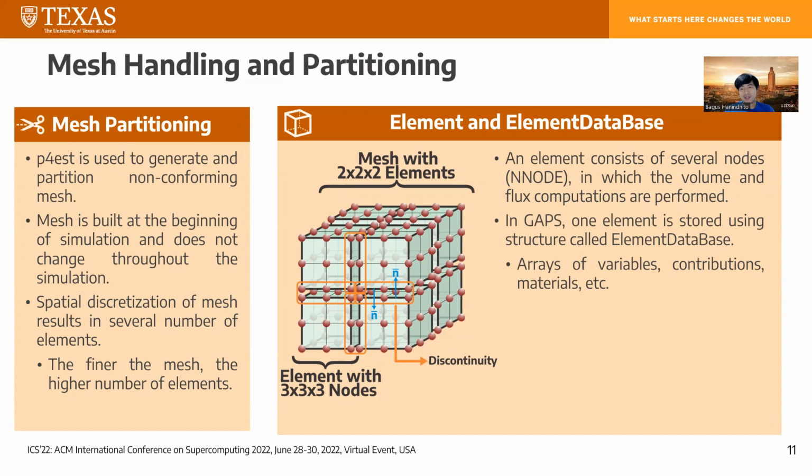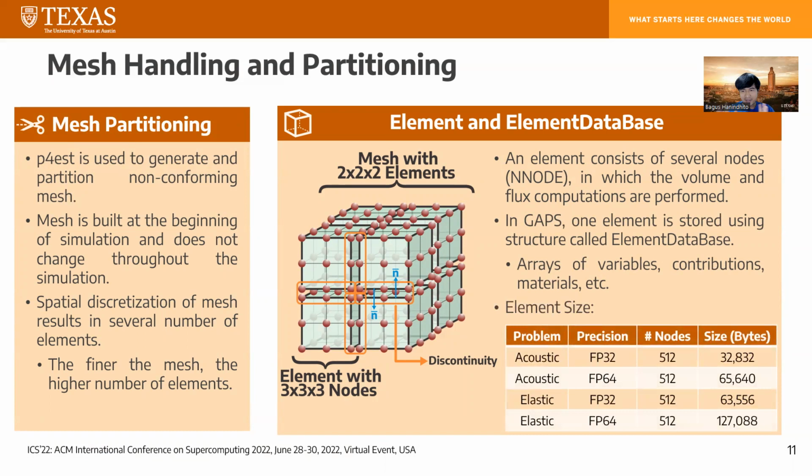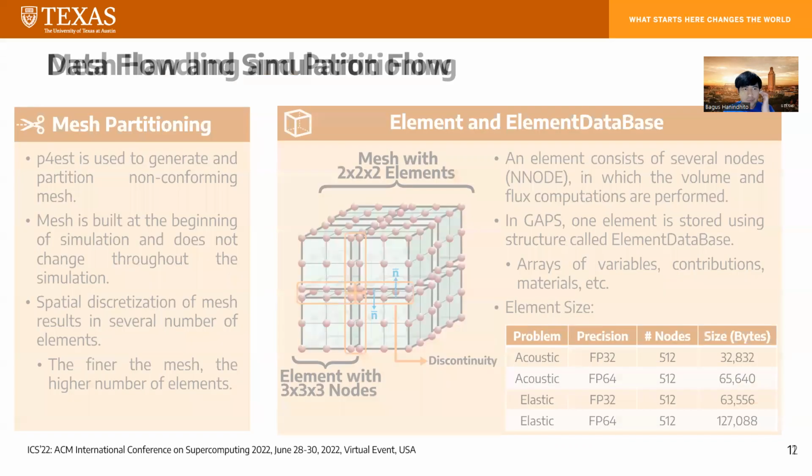This class contains arrays of variables, contributions, materials, etc. The size of each element depends on the problem size, the precision that is used, and the number of nodes. In our simulation, we mostly use 512 nodes per element because it is hardware friendly and also provides adequate resolution to reduce the dispersion error.